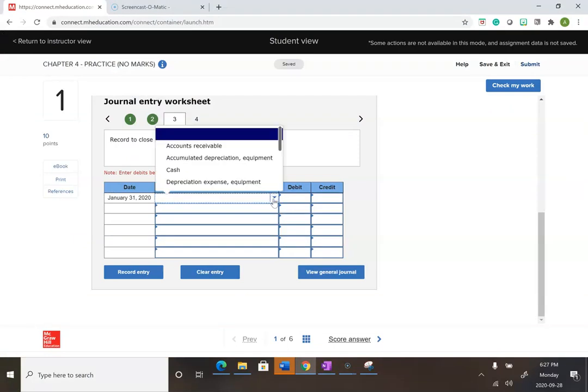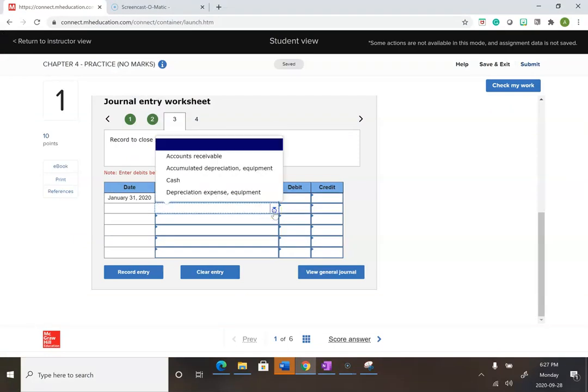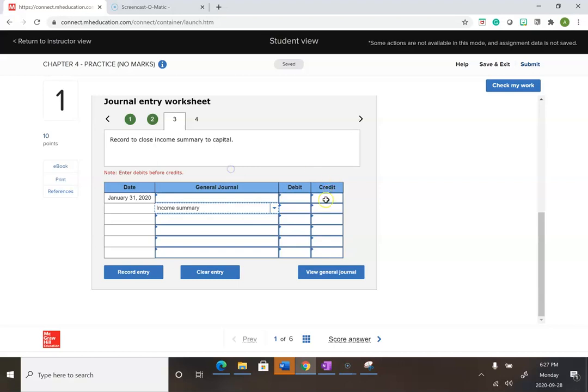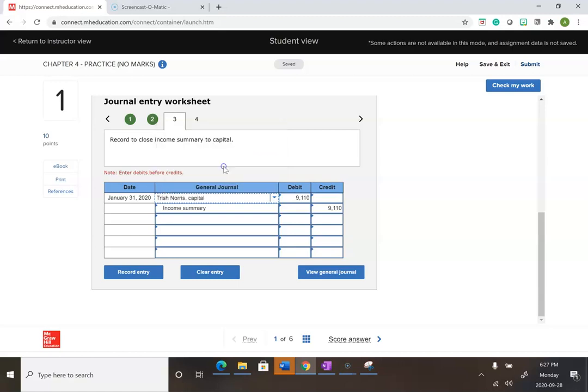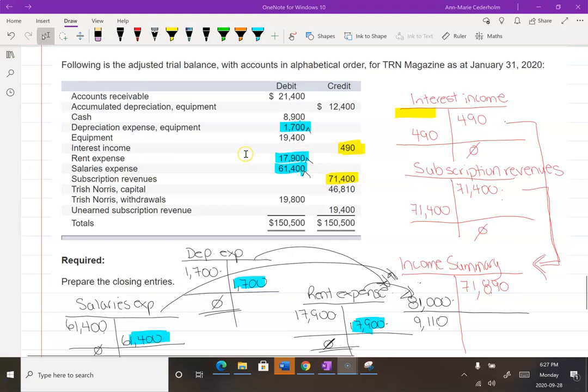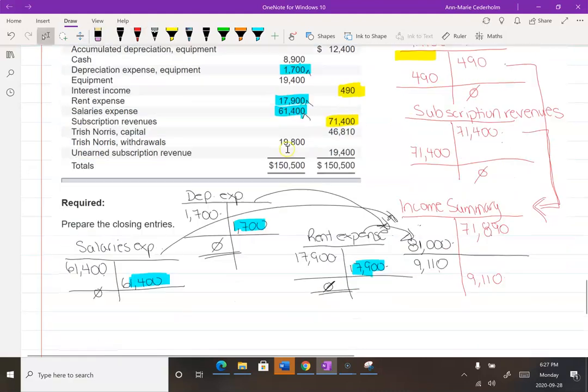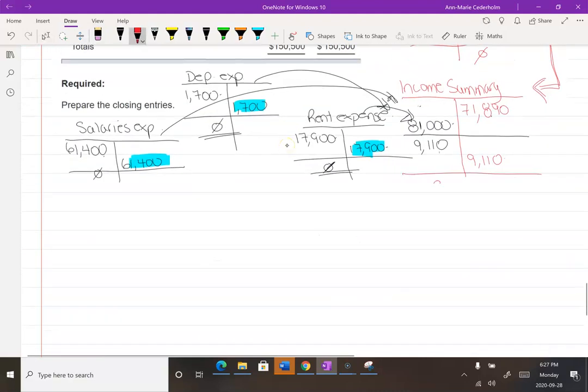Okay, so I'm going to credit my income summary account, and then by default my debit will end up being the capital account. So Trish Norris Capital. Okay, so just by doing that, we'll see that my credit from the last journal entry just brought this income summary account to 0.